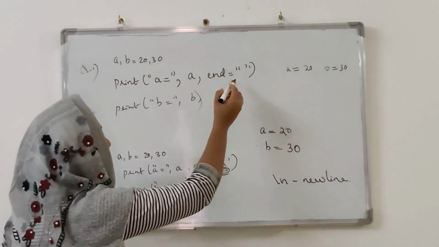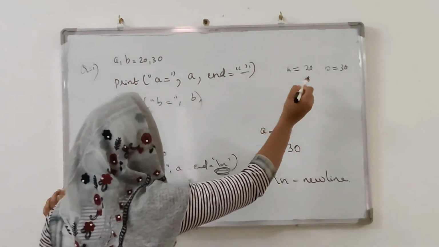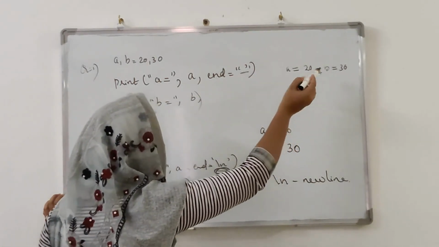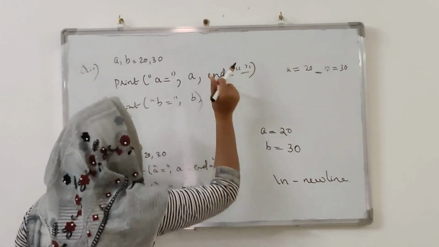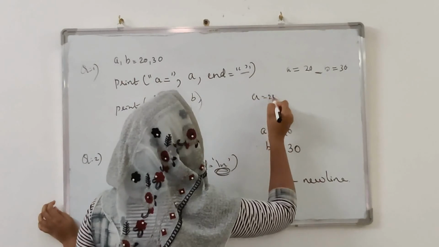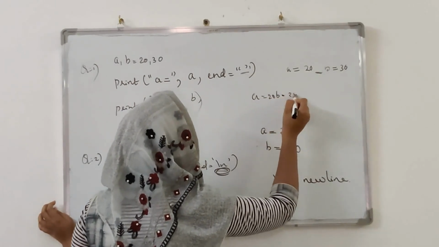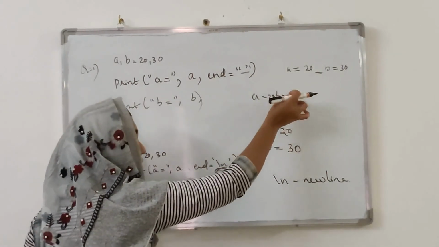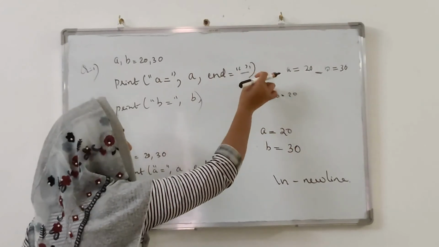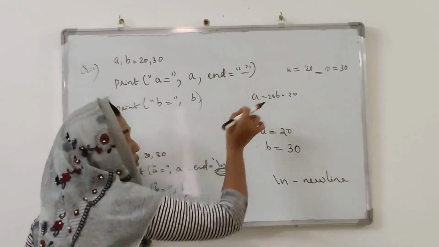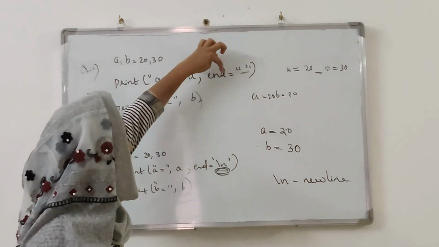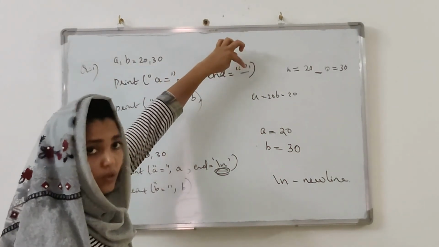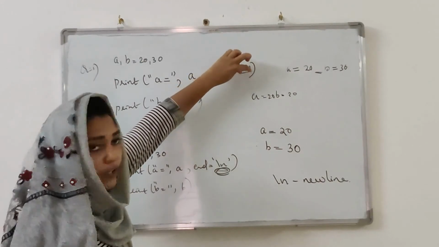So here we are using end is equal to a space only. Then only a space will come between the answers. If you are not using this statement also, the output will be like this: A is equal to 20, B is equal to 30, together. To the first statement, the second statement output will be displayed on the screen. If you want any space, we can use end is equal to, and inside quotes we can give a space.